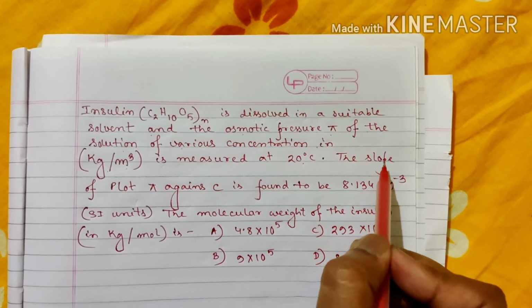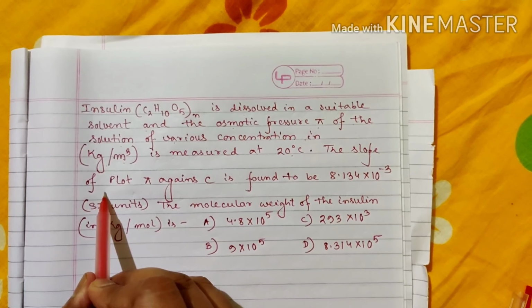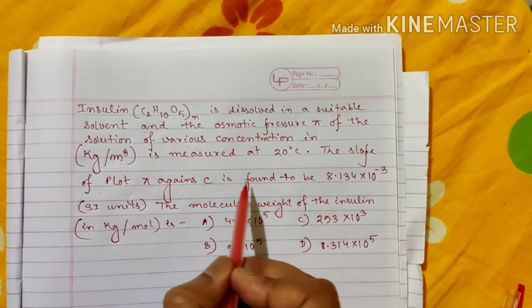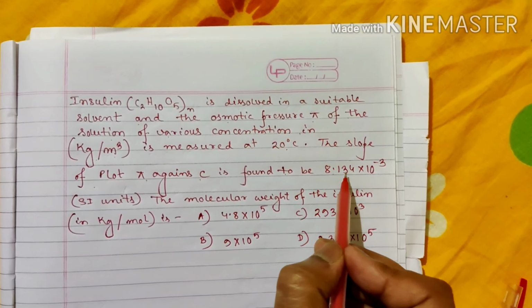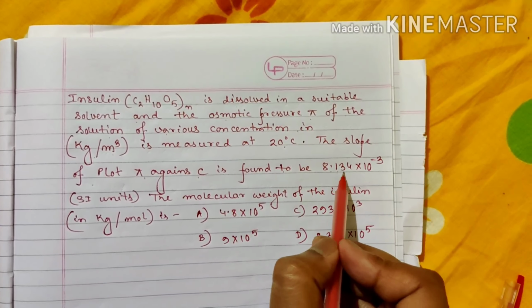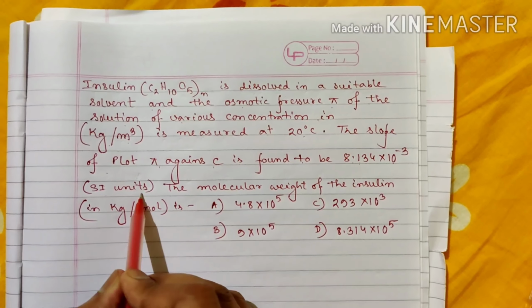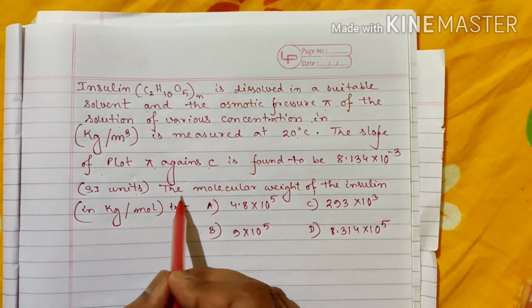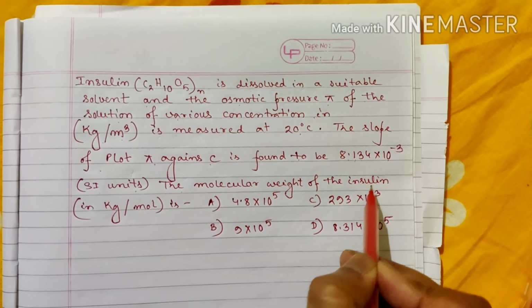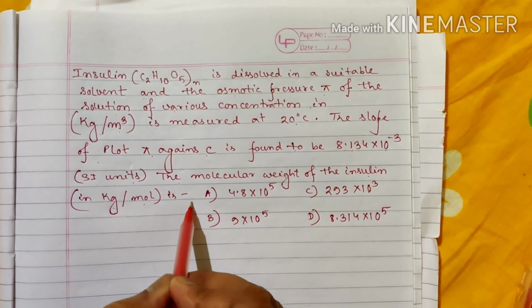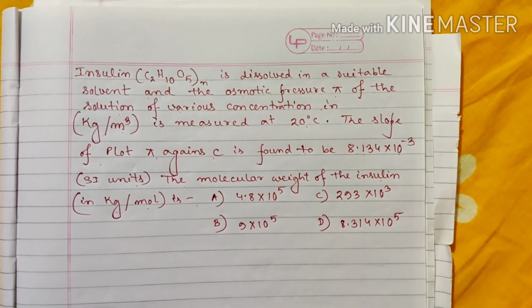The slope of the plot of pi against C is found to be 8.134 into 10 to the power minus 3 in SI units. The molecular weight of the insulin in kg per mole is which one? The options are given.